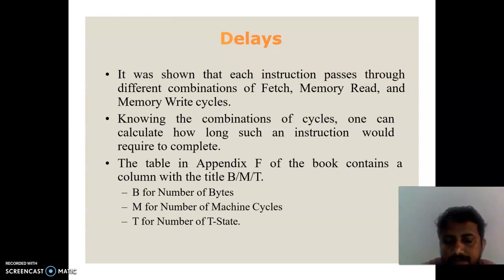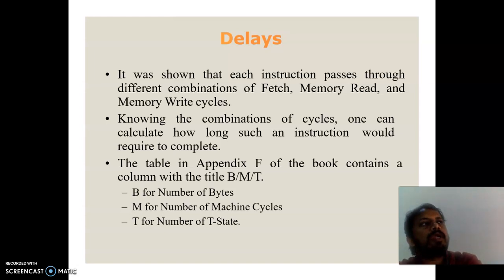In the timing diagrams, you have seen opcode fetch, memory read, memory write, IO read or IO write, whatever the operations are. According to your instruction, whether it is just an opcode fetch, or opcode fetch plus memory read, or opcode fetch plus memory read and memory write with indexing, or a different addressing mode, the timing required for that instruction will increase.